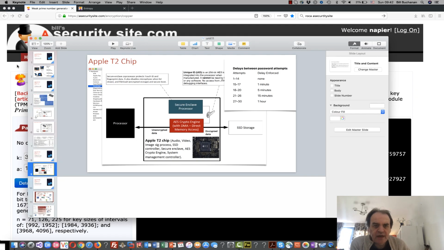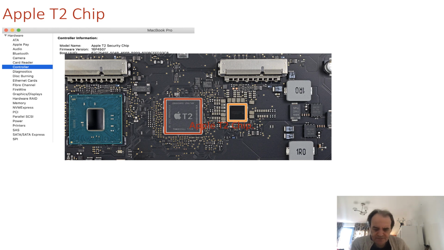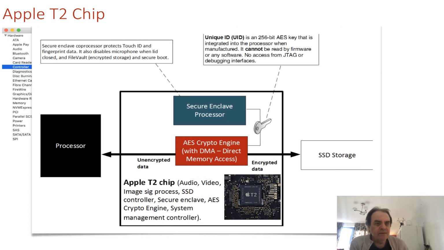It also supports the Touch ID inside the Apple Mac, and also the fingerprint data. So this is obviously important on the device, because the last thing that Apple want is for an intruder to be able to get access to the Touch ID information and also the fingerprint information.